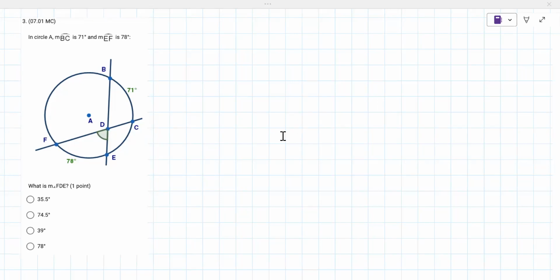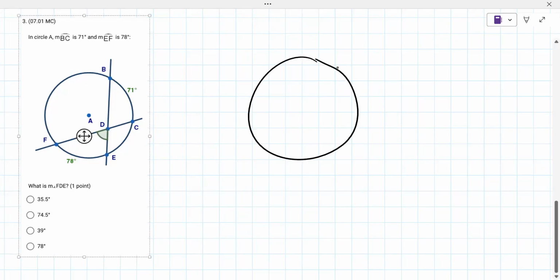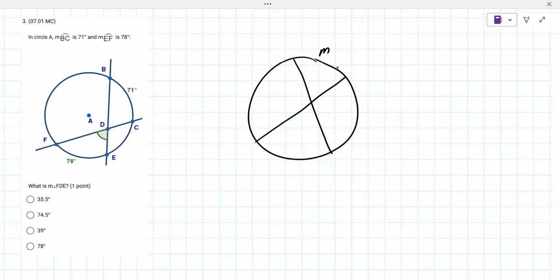So this one here, I call it like the chord. I use letter little m and big M and X here. This angle is not a central angle because A is the center. It's just sort of off center here. So X is little m plus big M divided by 2.